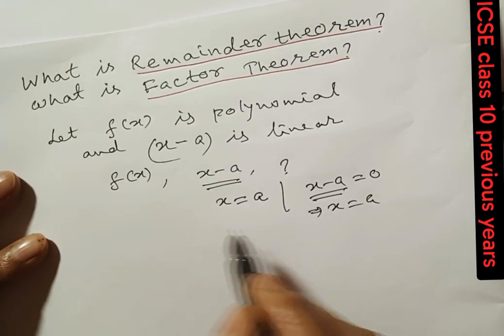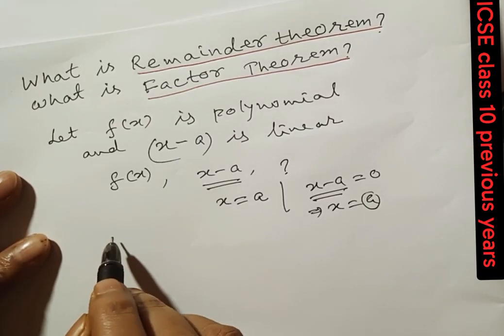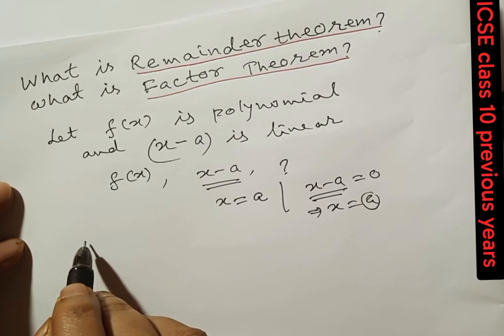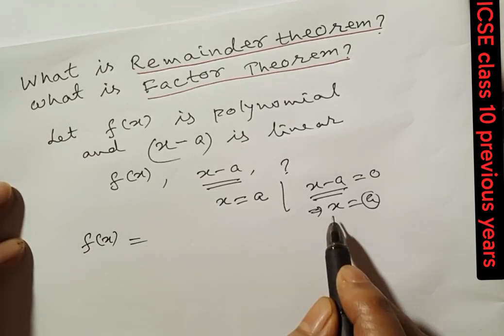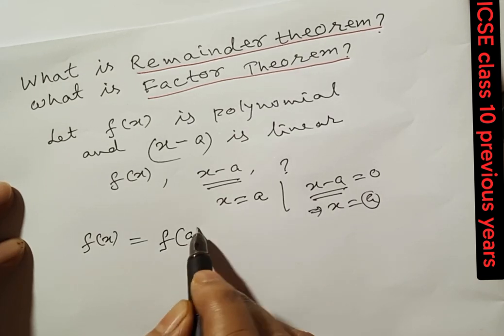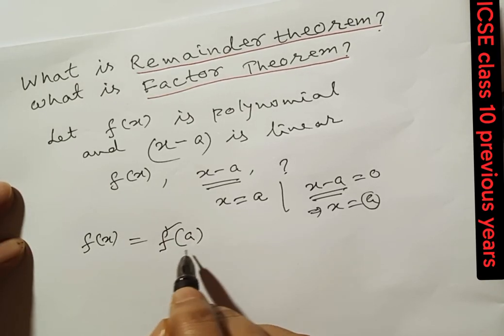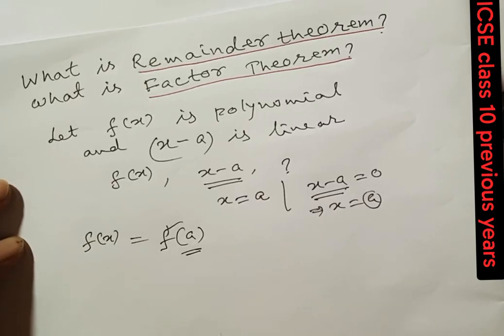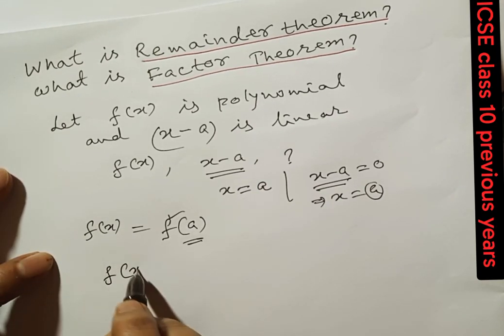Now we put x equal to a in f(x), so we get f(a). This will be the remainder. For example, I explain it.